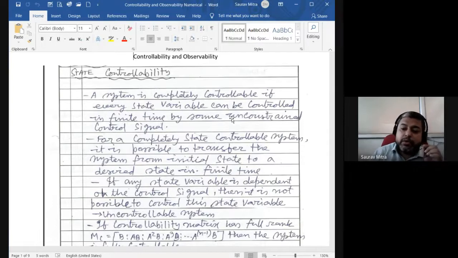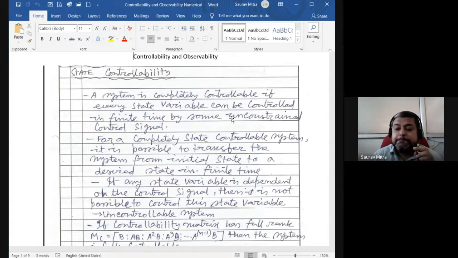Singular means zero determinant, non-singular means non-zero. If the determinant of MO is non-zero, the system is observable. So the main consideration is that the controllability and observability matrices should have non-zero determinants; then the system is completely controllable and completely observable.